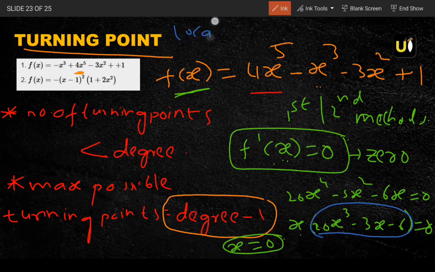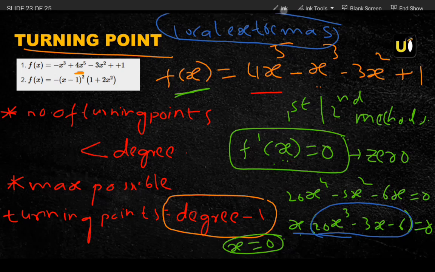If f double dash of x is less than 0, it is local maxima. These two together are considered to be local extremas. So the common condition for local minima and local maxima is f dash of x equal to 0.